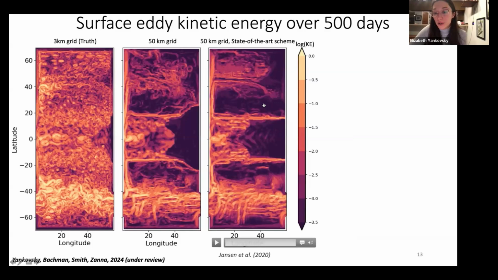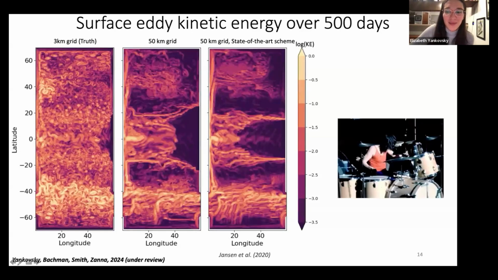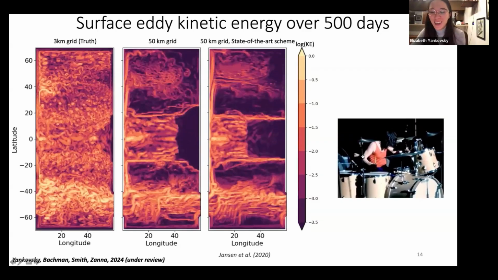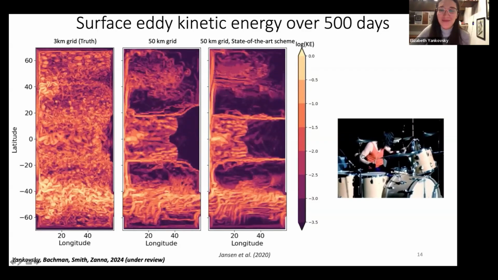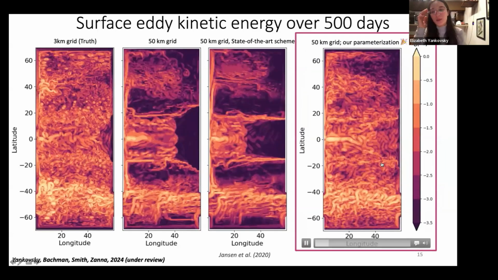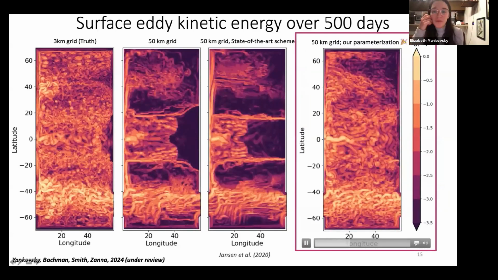This does not have any vertical structure in it. I should acknowledge my co-authors here, Scott Bachman, Schaefer-Smith, and Laura Zanna. What we did is impose vertical structure onto the backscatter, and just for suspense, adding a drum roll here, this is what it looks like with our parameterization with the vertical structure.